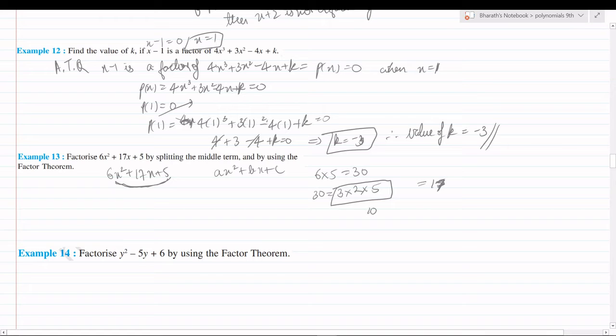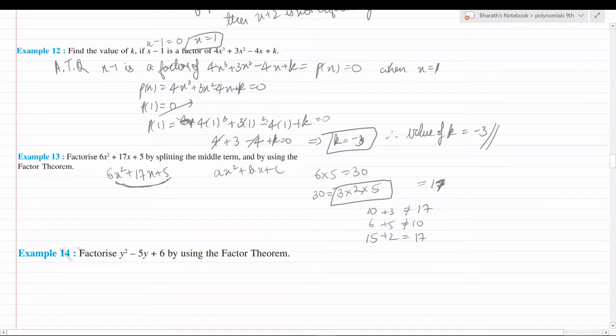So 5 into 2 is 10 plus 3 is not equal to 17, and 3 into 2 is 6 plus 5 is not equal to 17. So the only way is 15, which is 5 into 3, plus 2, which is equal to 17.